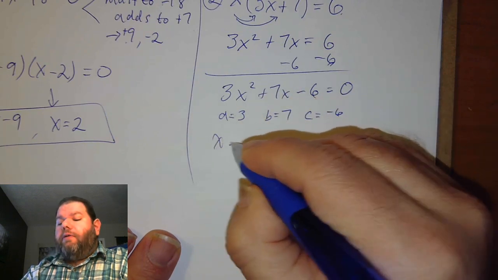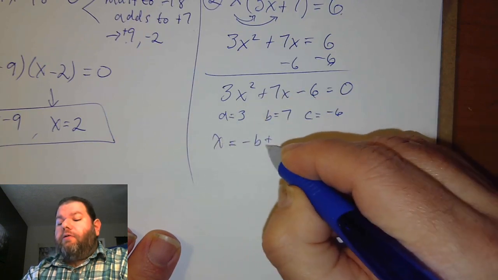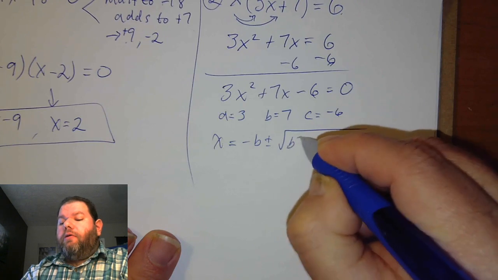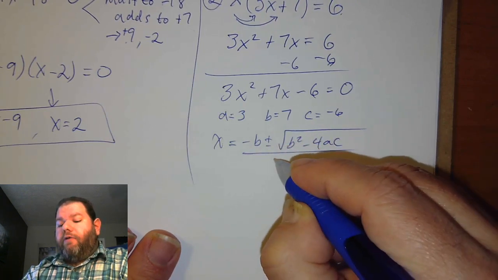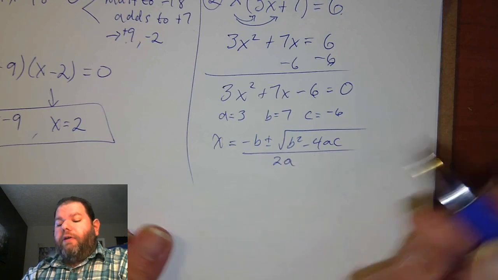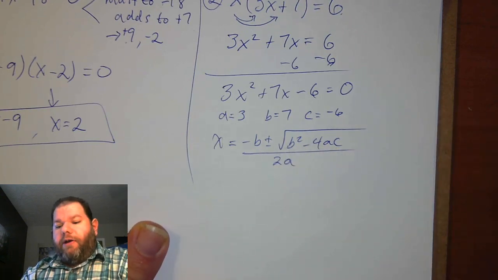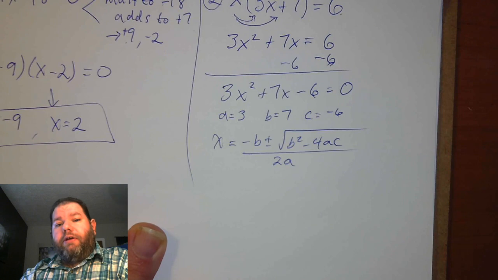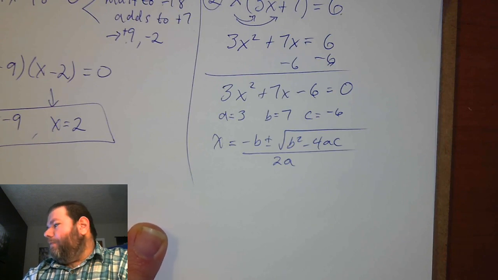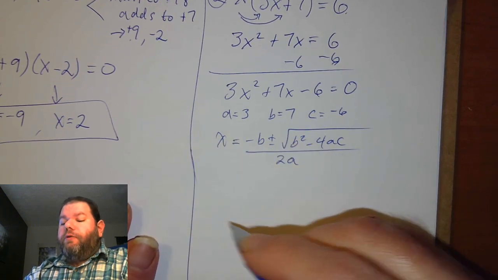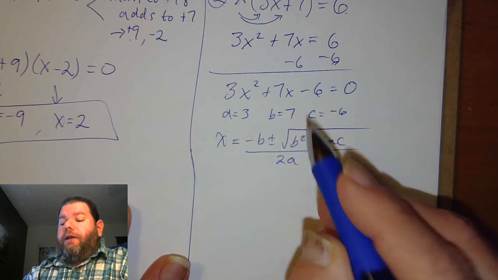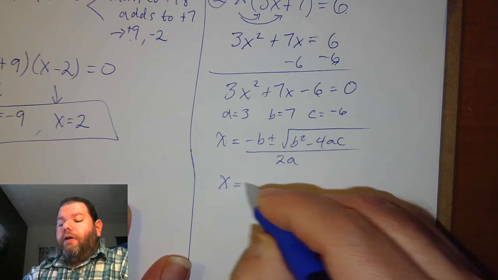Okay, so we have our formula. Even though most of you probably already know this particular formula by heart, it will be included in the test, so you'll have it available. Okay, so negative b would make that a -7.